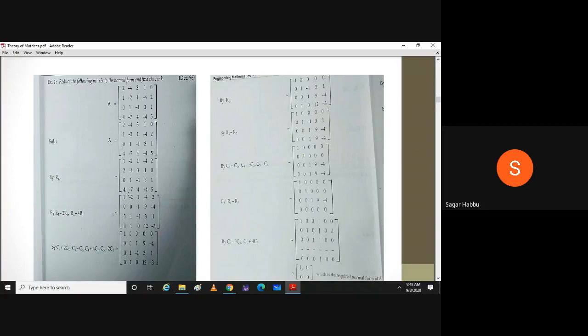They have done this operation and come up with this resulting matrix: 1 minus 2 1 minus 4 2, then 0 0 1 9 minus 4, then 0 1 minus 1 3 1, then 0 1 0 12 minus 3. Is the second step clear? Yes, sir.